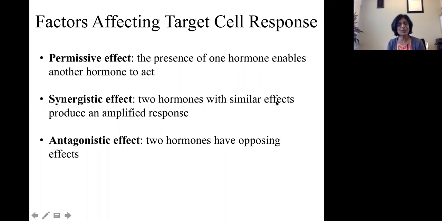Now some definitions is what we are talking about. Permissive effect. In some cases, the presence of a hormone is essential for the effectiveness of the other hormone. Okay, so that is where you have that permissive effect.